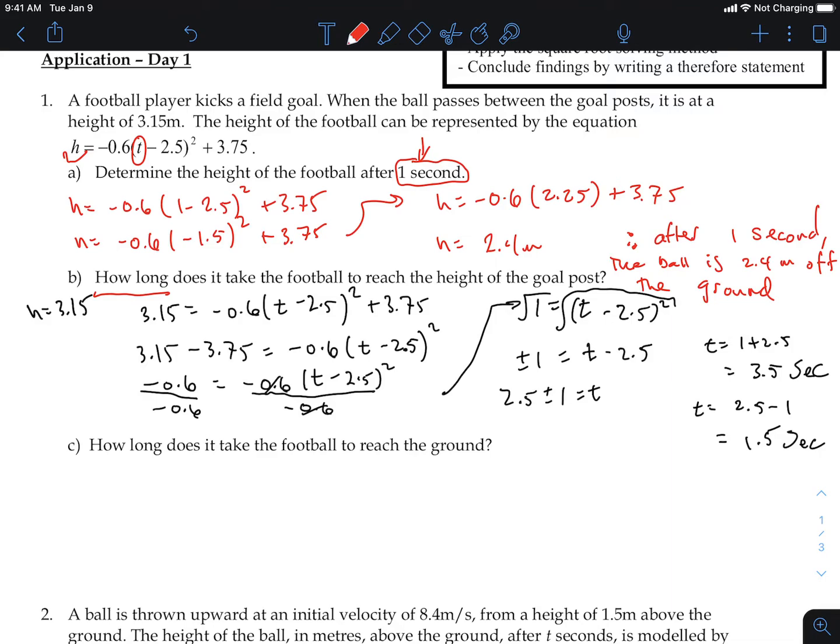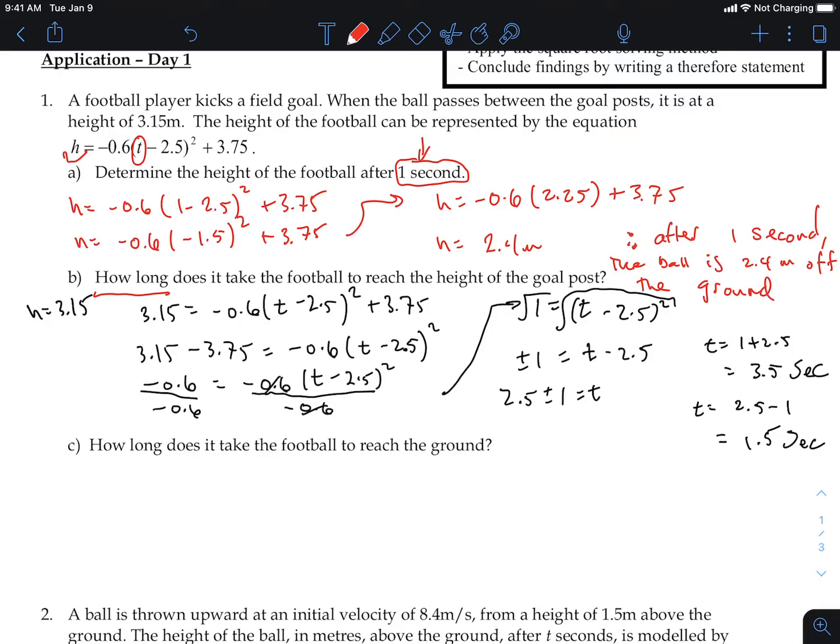So, when you found that plus or minus 1 equals t minus 2.5, what if instead of saying 2.5 plus or minus 1 equals t, you were to write plus or minus 1 plus 2.5 equals t?